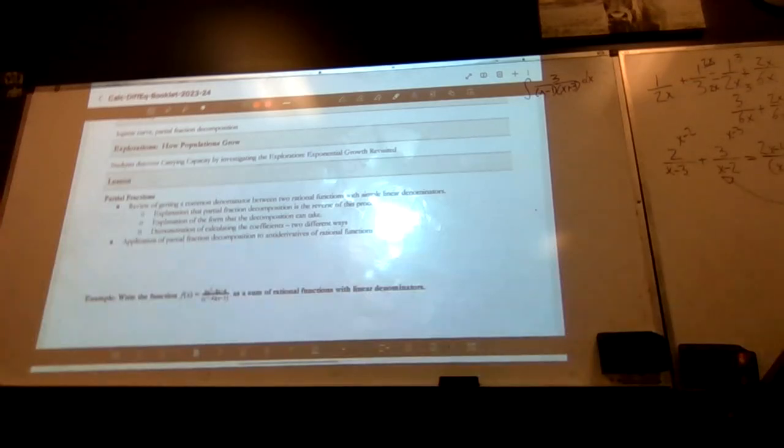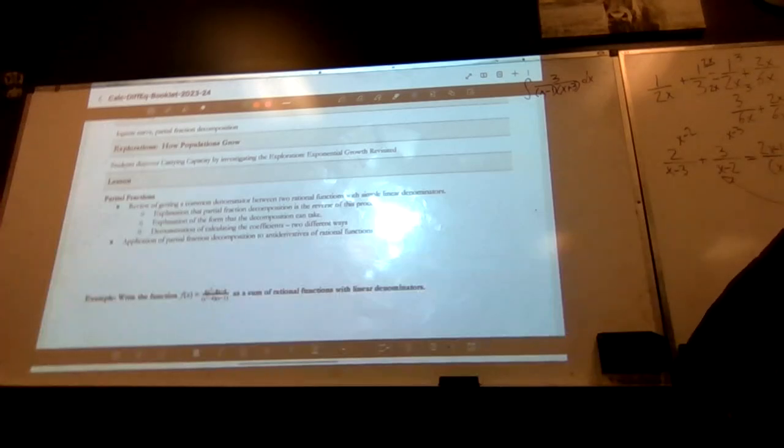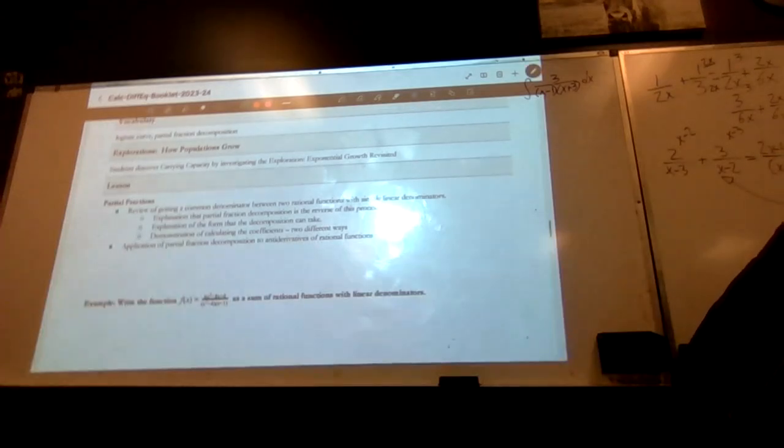So, partial fractions is the reverse of combination fractions, where we combine two fractions here.